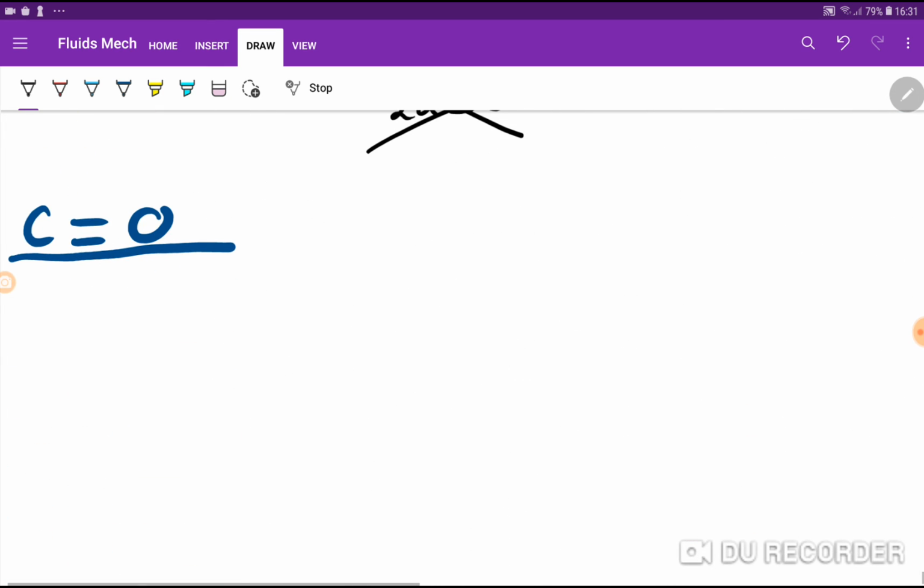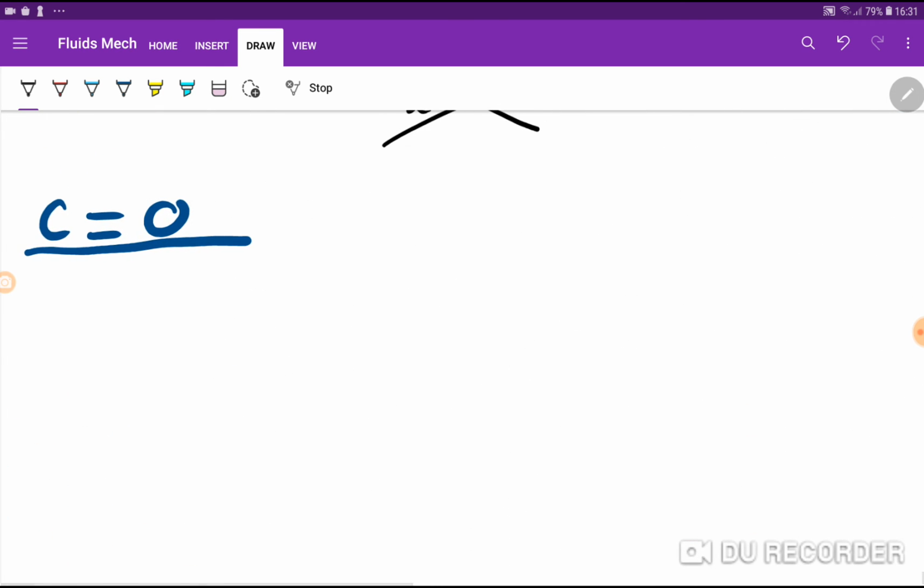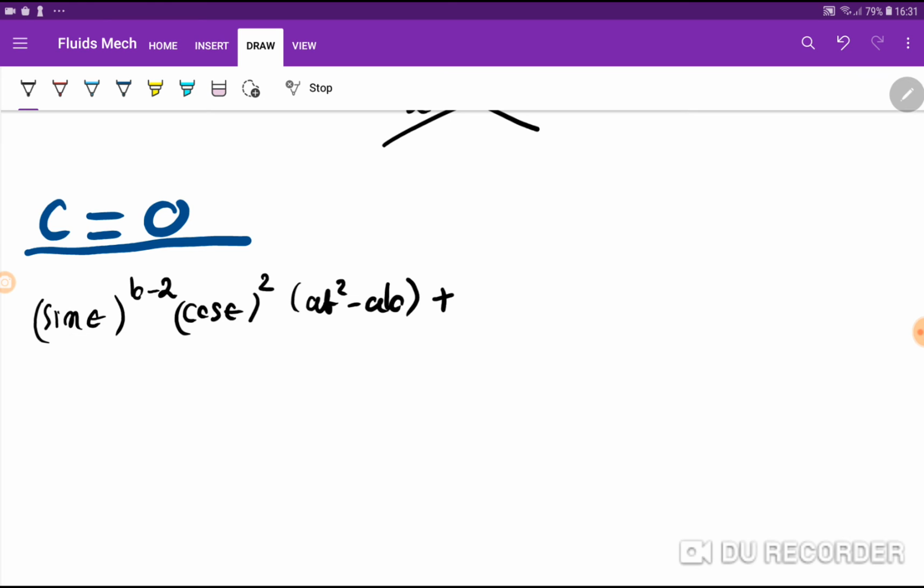So c equals 0, right? The first term we cannot cancel out, but it becomes sine theta to the power b minus 2 times cos theta square times ab square minus ab, plus next sine theta to the power b times cos theta to the power 0, which is 1, and then the term negative ab, right?